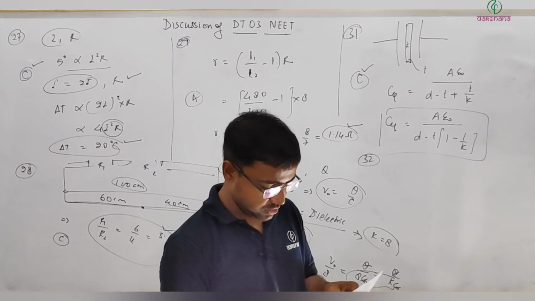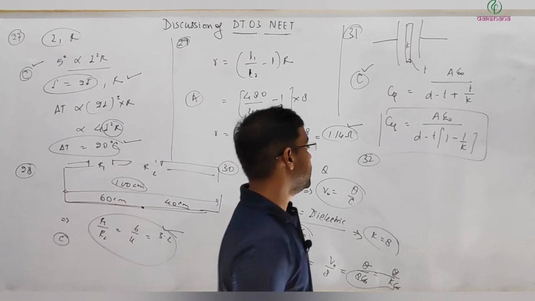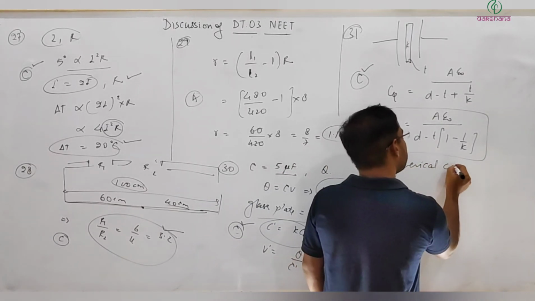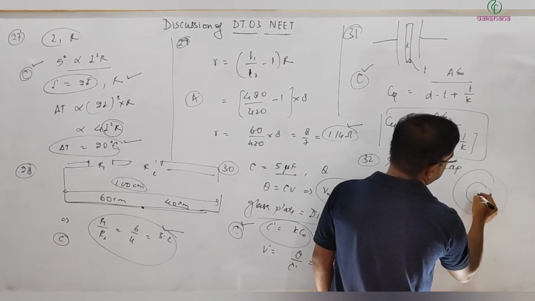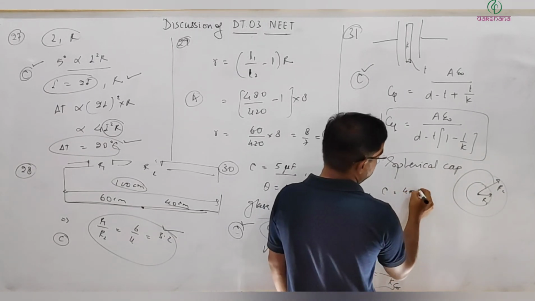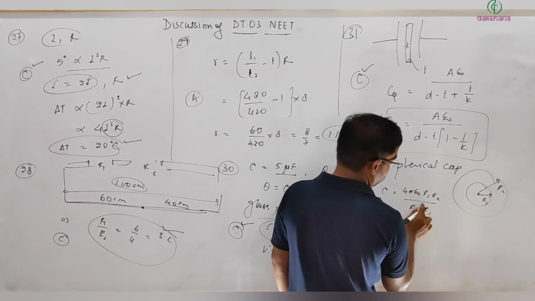Next, question number 32. A spherical condenser, outer radius, okay. So a spherical capacitor with radii R1 and R2, then C is equal to 4 pi epsilon naught R1 R2 divided by R2 minus R1.